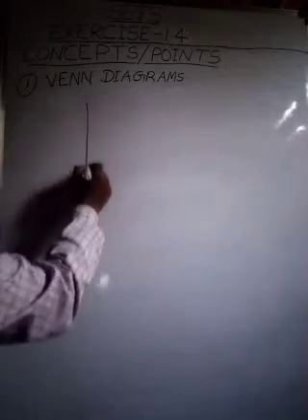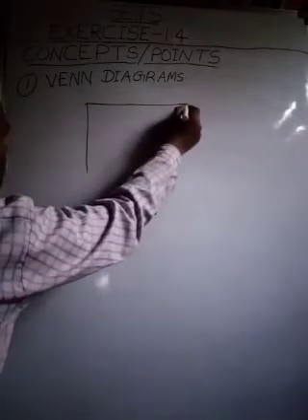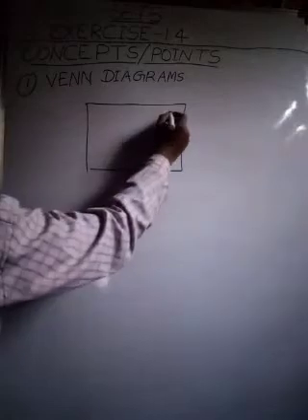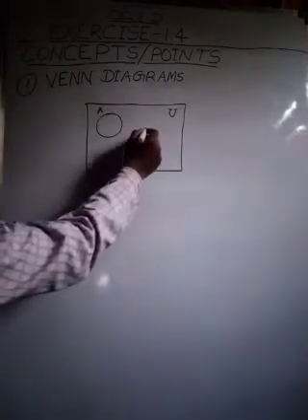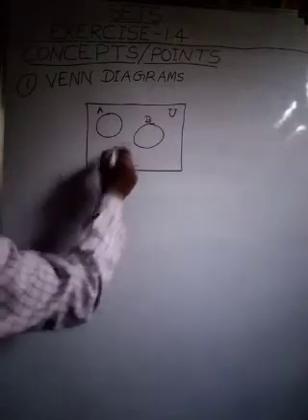So, the universal set is represented by a rectangle and we write U, universal set. And the subsets in it, generally we use circles, closed curves, to denote the subsets of the universal set. Okay, my dear children?